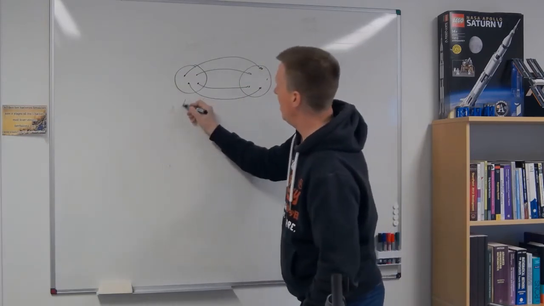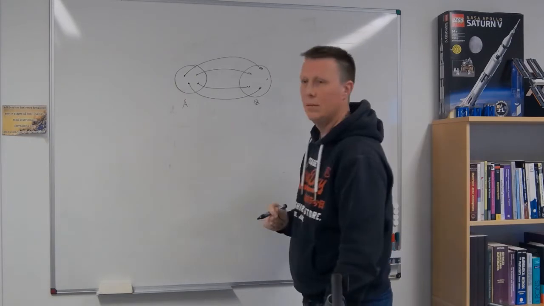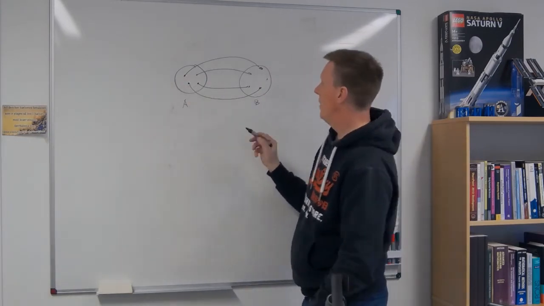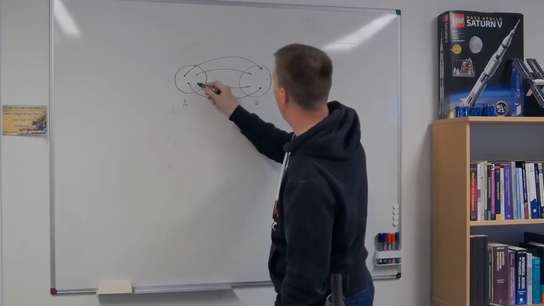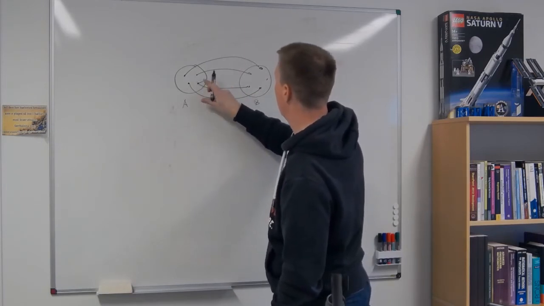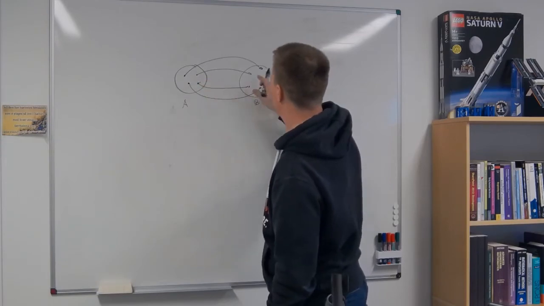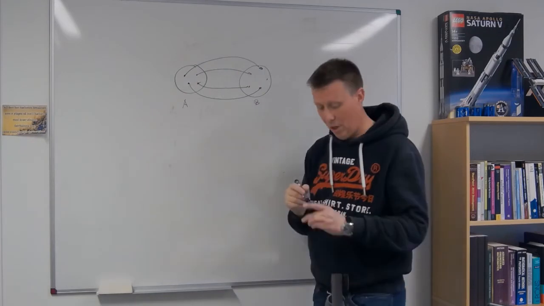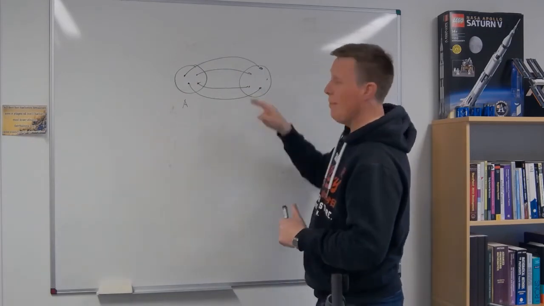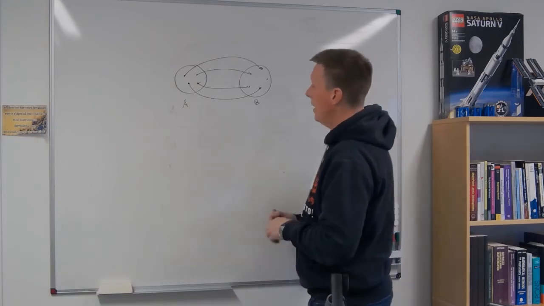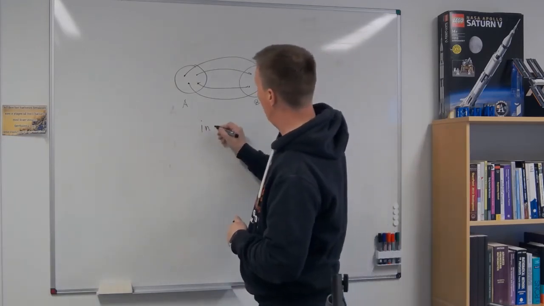For every A there is a single B, which means we don't have two arrows coming into the same element in B. There's only one arrow to every B. These functions are called injective.